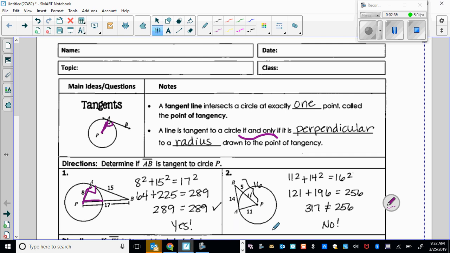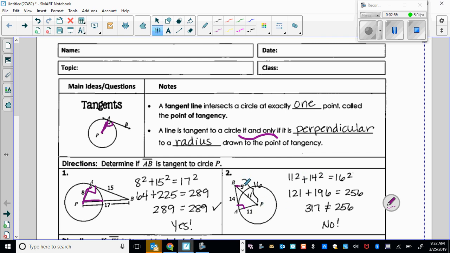When we get to number 2, the tangency would be right here. A lot of times you get mistaken and put P as your 90-degree angle. No, it's between the radius and the tangent line. Now I have 14 and 11, so 11 squared plus 14 squared equals the whole hypotenuse squared.